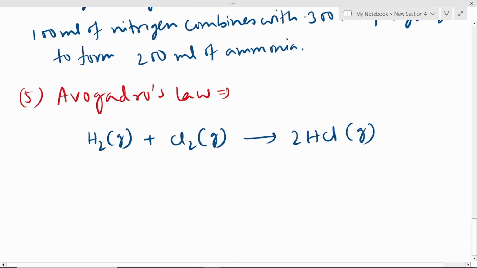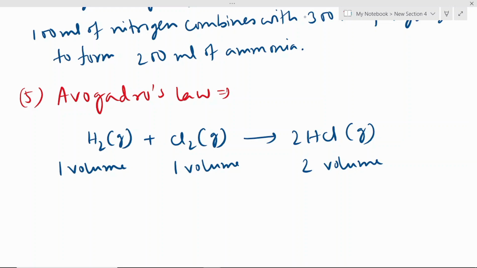Here 1 volume of hydrogen combines with 1 volume of chlorine to form 2 volumes of hydrochloric acid. According to this law, equal volumes of all gases contain an equal number of molecules. So here the volumes of hydrogen and chlorine gas are the same, that is 1 volume, so they contain an equal number of molecules.